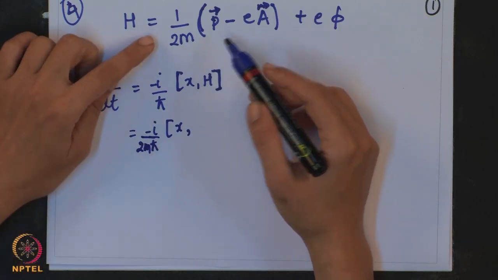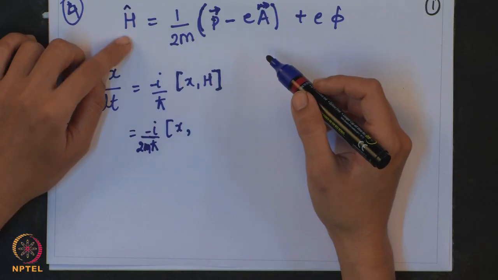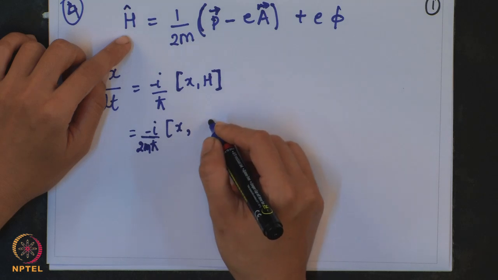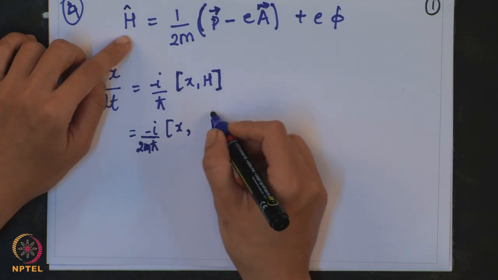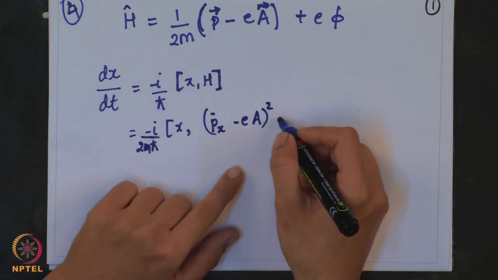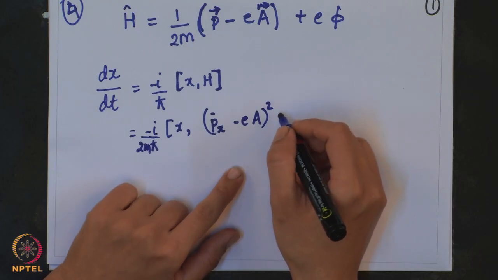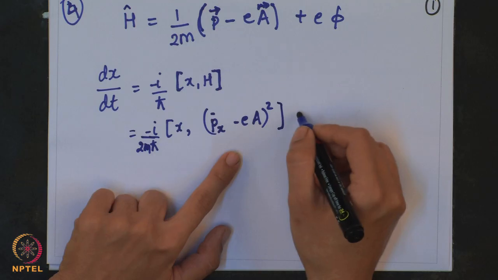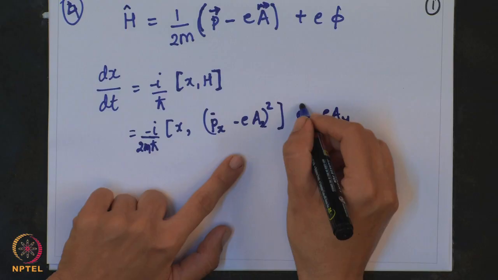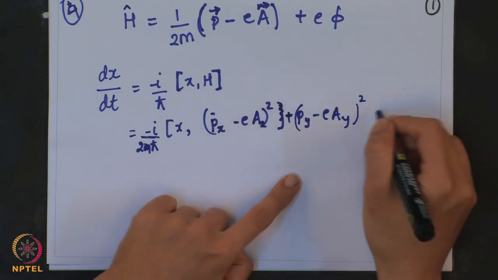When I use this Hamiltonian operator and try to evaluate px, py and pz, I can write separately: px minus EA square, plus a py term, plus a pz term. I can take the commutator of just this term with x, and the remaining terms py minus EA and pz minus EA would commute with x and give 0.